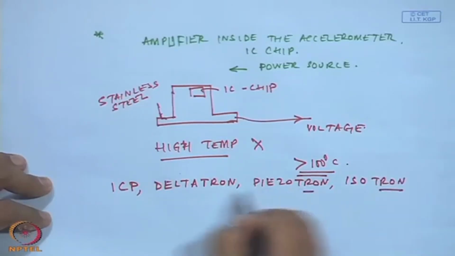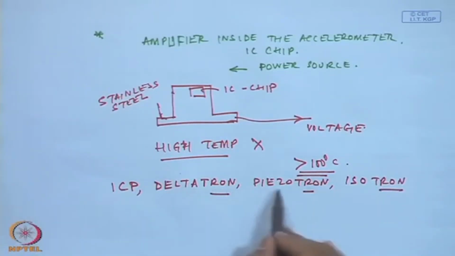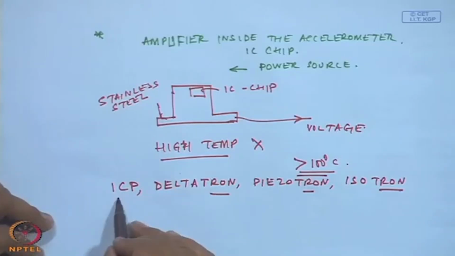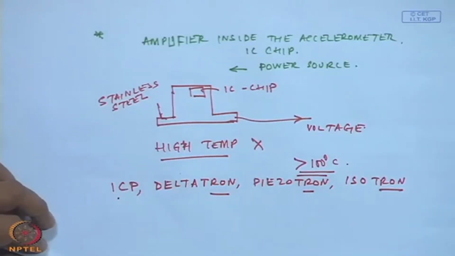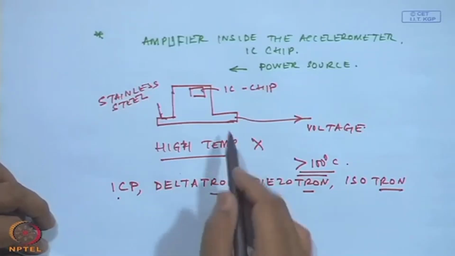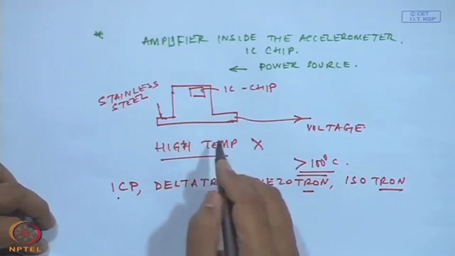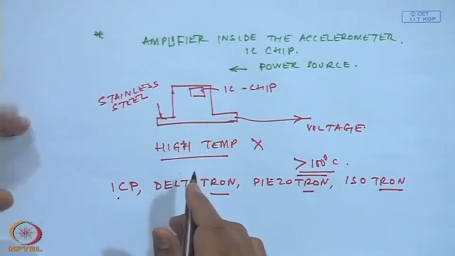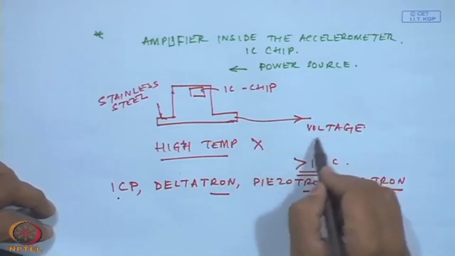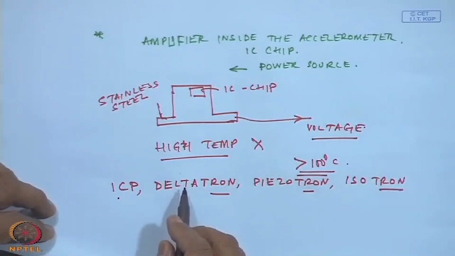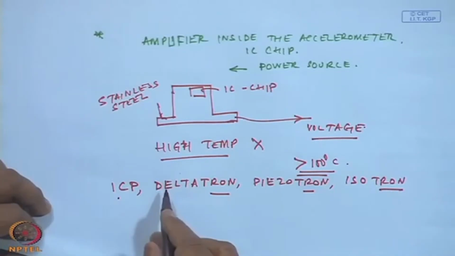This tron comes from electronics, and delta, piezo, iso, ICP, these are different trade names the companies use to sell their charge amplifiers which have the IC inside. So, all you will require is to put that accelerometer, give it a power supply, and you will straight away get the voltage.